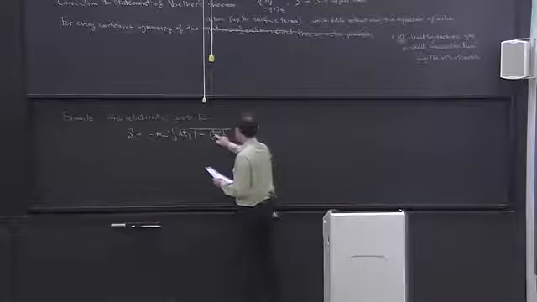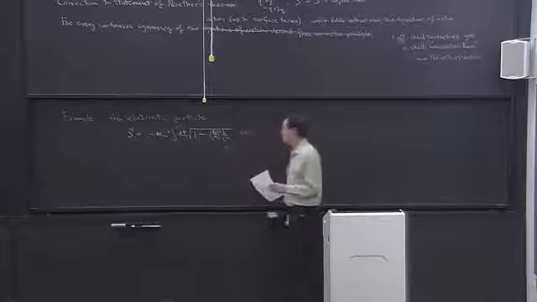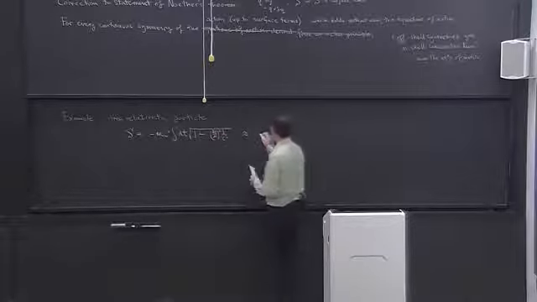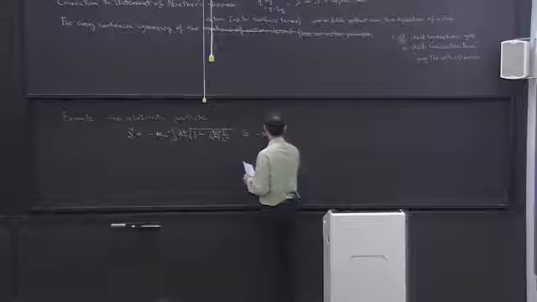For small velocities, when dx/dt over c is less than 1, this becomes approximately minus m_0 c^2 integral dt.